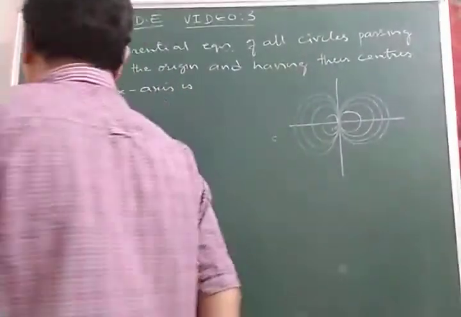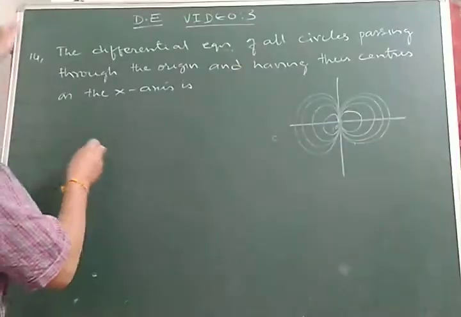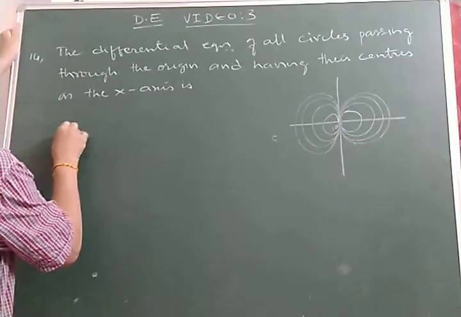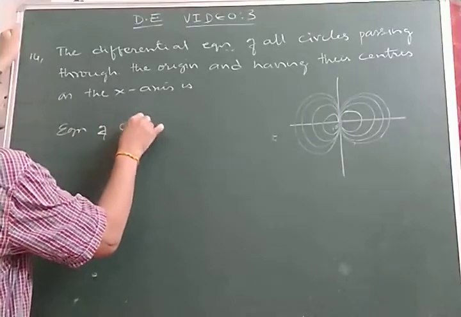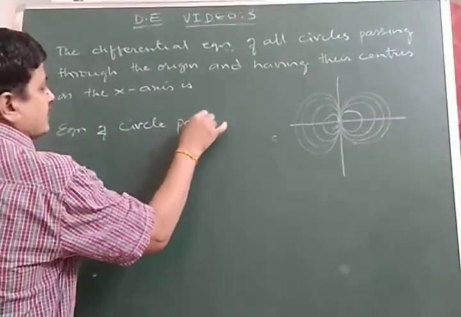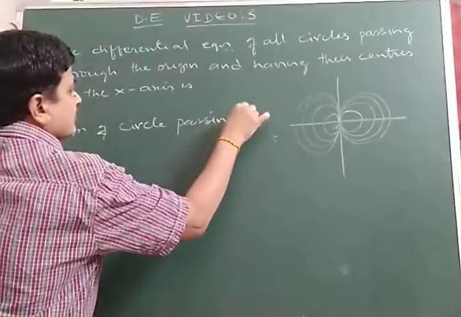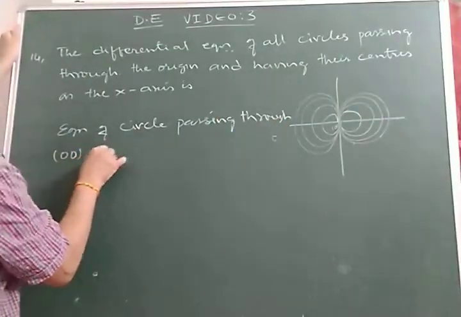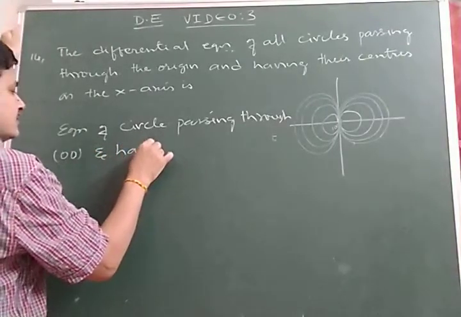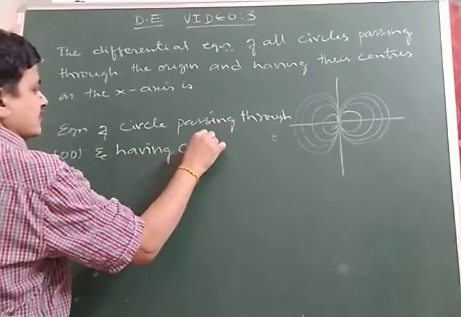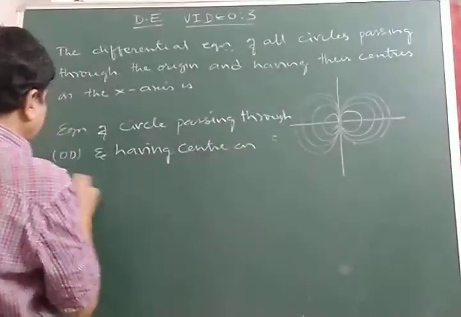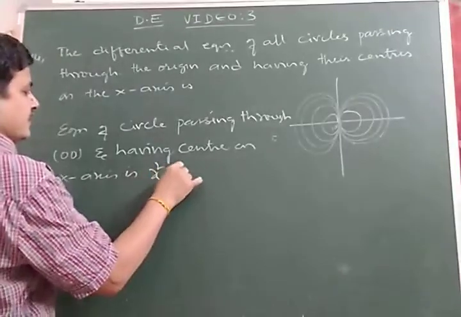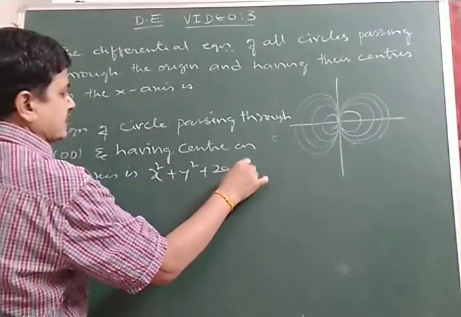So the equation of the circle passing through the origin and having center on the x-axis is x² + y² + 2gx = 0.